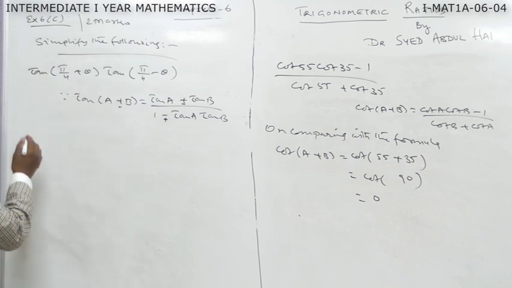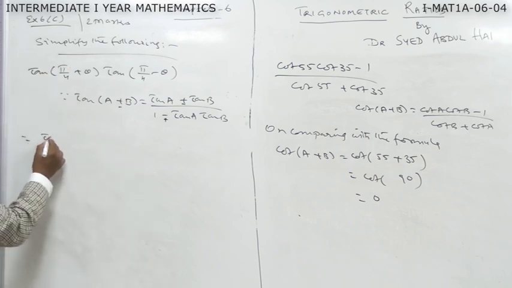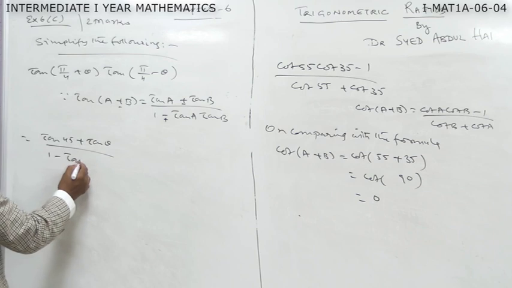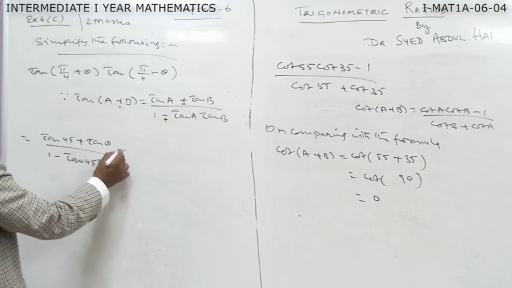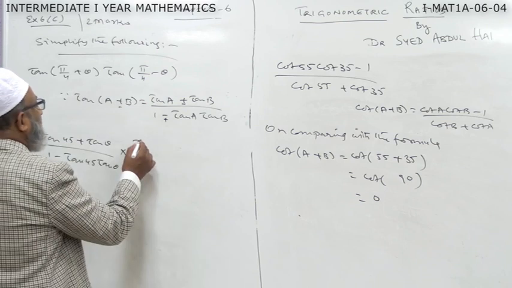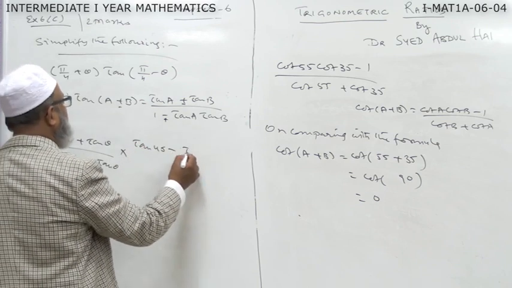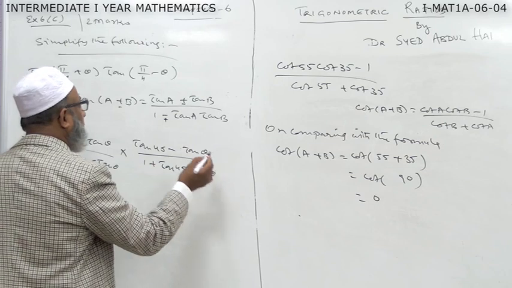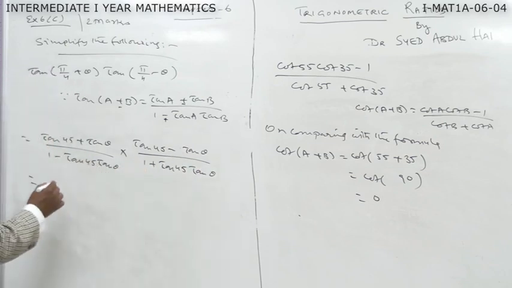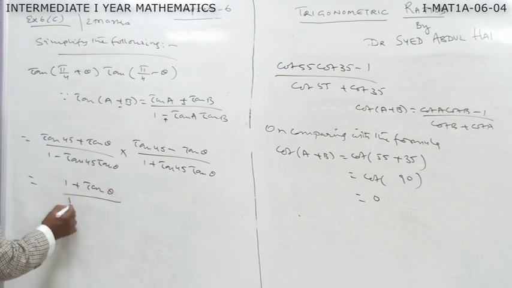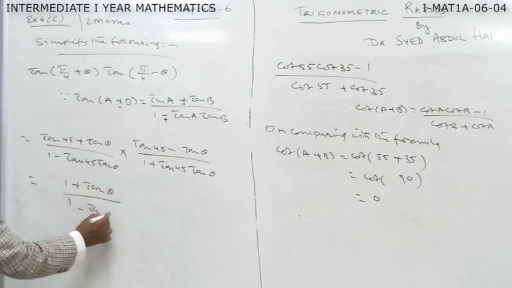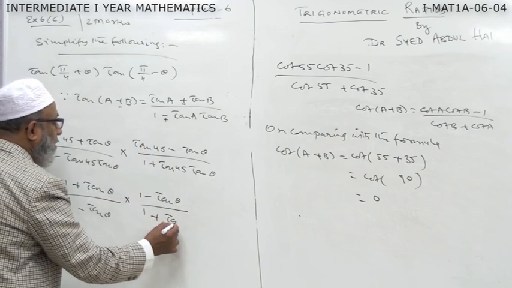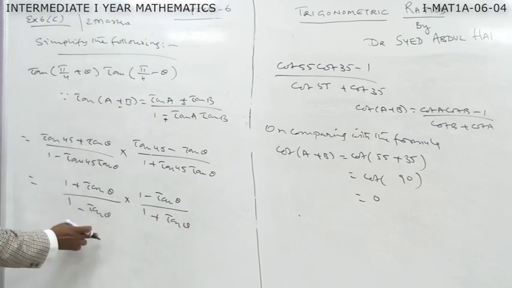Is it clear? Now, I am using the same application. Tan of A plus B, tan A plus tan B by 1 minus tan A into tan B, into tan of A minus B, tan A minus tan B by 1 plus tan A into tan B is equal to tan 45 plus tan theta divided by 1 minus tan 45 tan theta, into tan 45 minus tan theta by 1 plus tan theta. 1 plus tan theta, 1 plus tan theta cancel. 1 minus tan theta, 1 minus tan theta cancel.